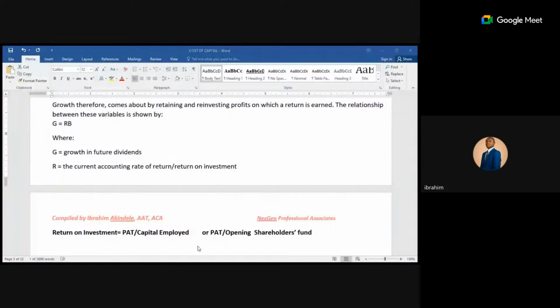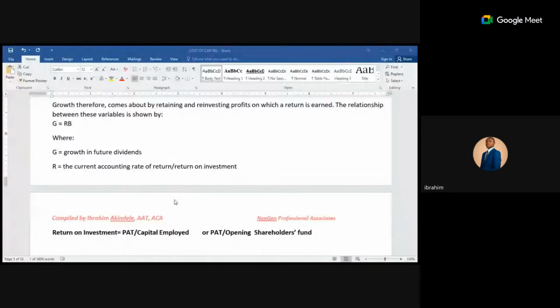Class, please, I want you to pay attention to this part, very well, under the Gordon's growth model, most especially this part of the formula. Now, the Gordon's growth model assumes that there will be a growth in dividend in the future. That is why you see that your dividend is growing.